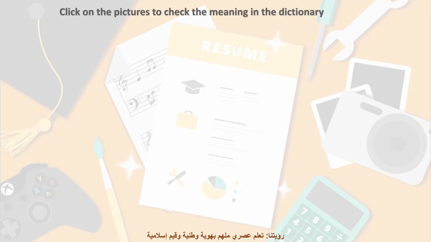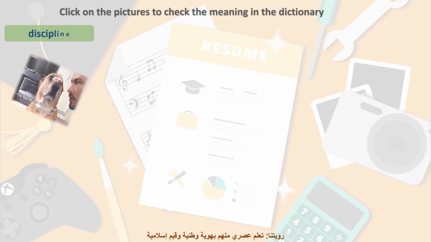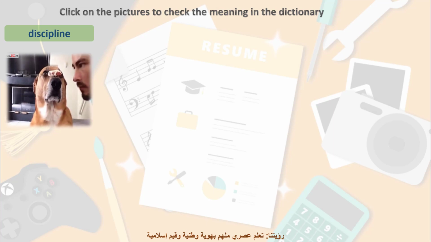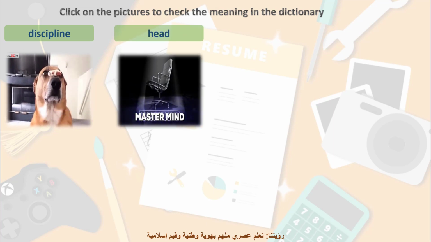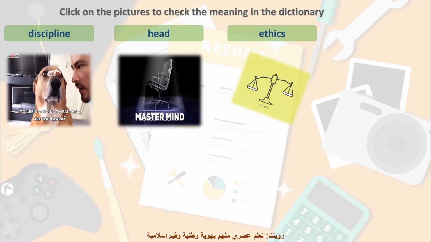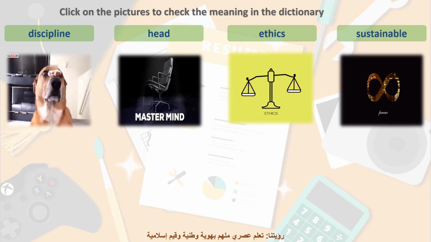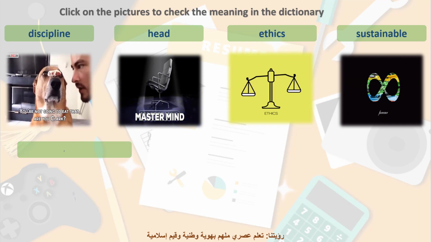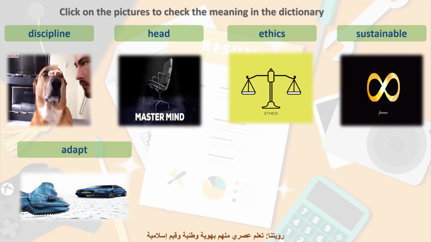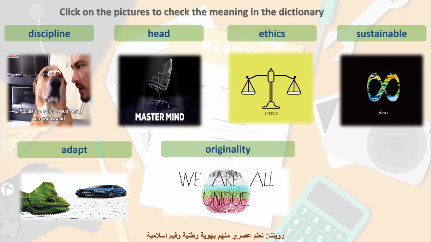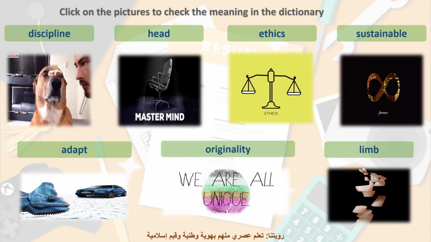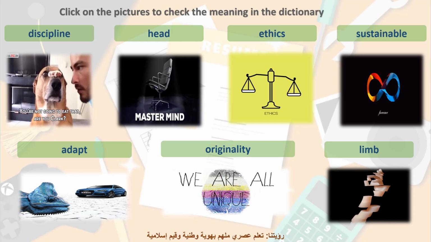The first word is discipline, head, ethics, sustainable, adapt, originality, and limb. Let's have a go on online Cambridge dictionaries.